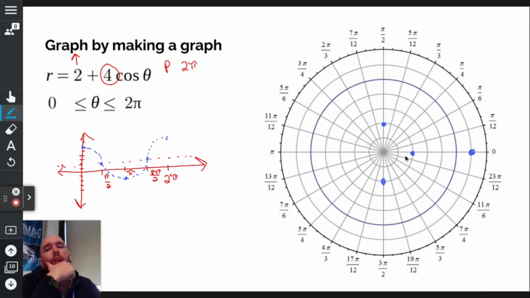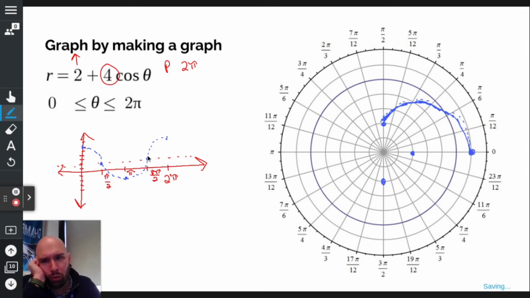Okay. So what's going to happen is as I'm normally on a regular trig graph on this picture, as I move towards pi over 2, my number goes closer to that 2 value. So here I am. My number is going to go closer to that 2 value. So basically we have a picture that kind of looks like this.